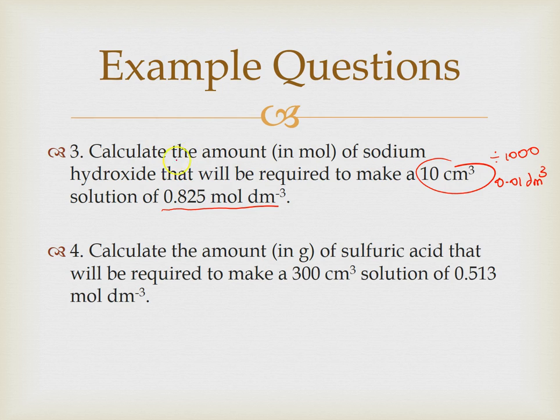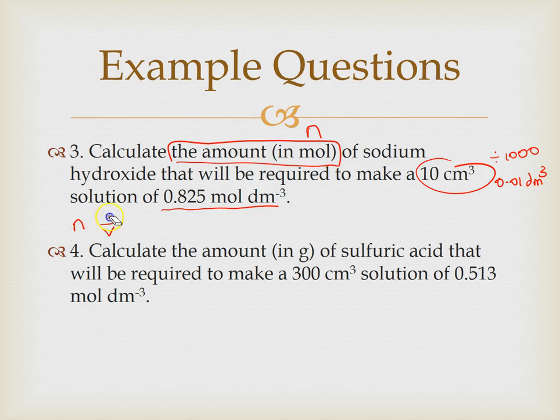I need the amount in moles, so I'm actually looking for n. I have a concentration and I have a volume. So if n is equal to C on V, I want to find n. Oops, there I go.